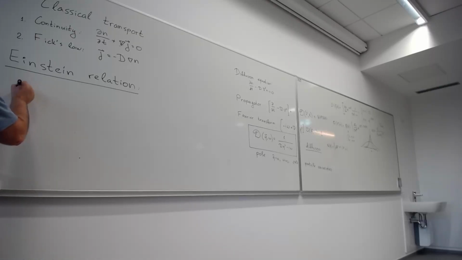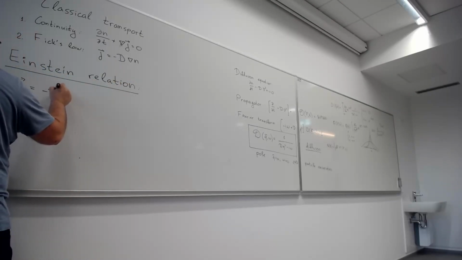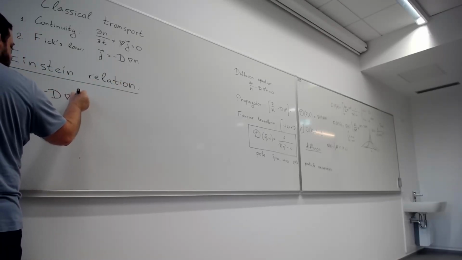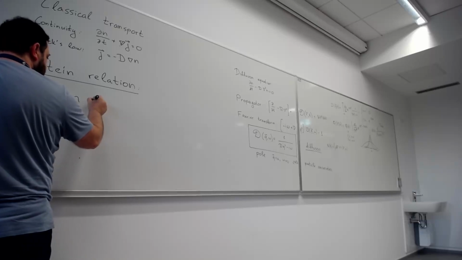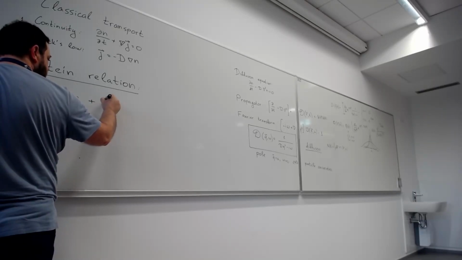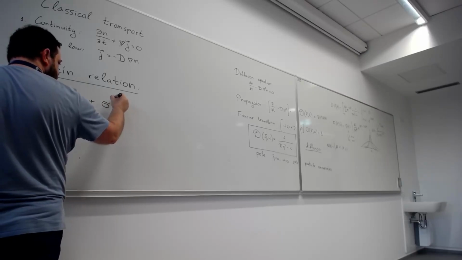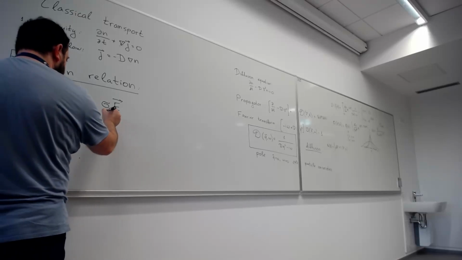So the total current that is created will be the current due to the gradient of concentration plus the electric current, and this additional electric current is proportional to the external electric field, and sigma here is the conductivity.